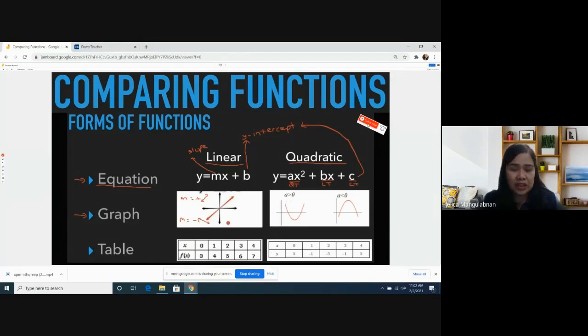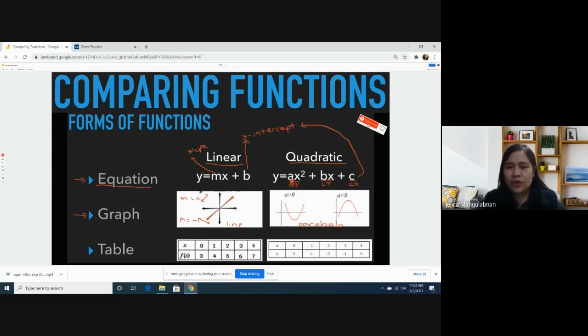For the linear, the graph is a line graph, obviously, from the root word linear, line. For the quadratic function, the graph is what we call a parabola. Parabola is the graph of a quadratic function. Same as in the linear, we have two kinds of graph.